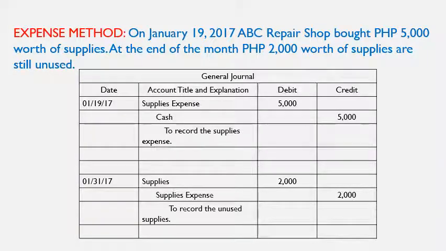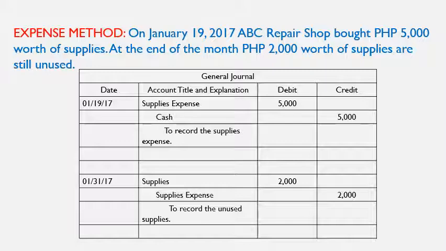So, your first entry on January 19, if you are going to use the expense method, the accounts that you will use are debit supplies expense, credit cash. Okay? When you adjust in the expense method, at the end of the month, it will be debit supplies, credit supplies expense, 2,000.